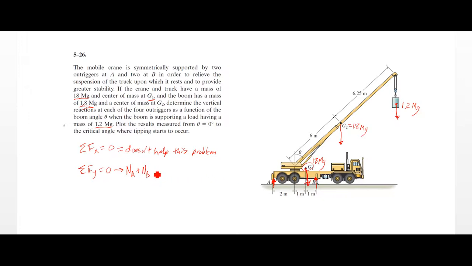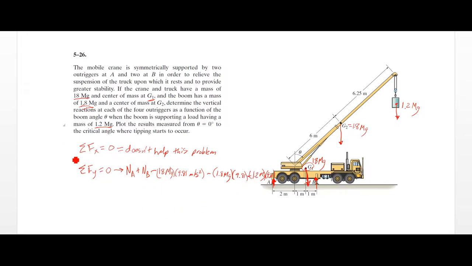That equals, so then we're also going to subtract off the 18 megagrams times our 9.81 meters per second squared to get a force, minus 1.8 megagrams times 9.81, and then 1.2 megagrams times 9.81. So that's what we have.